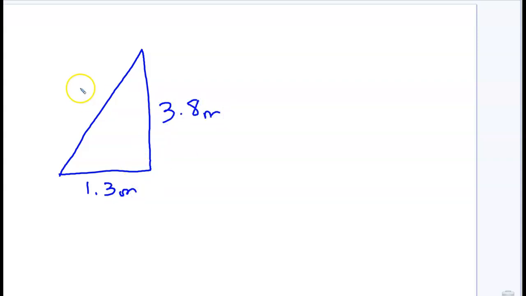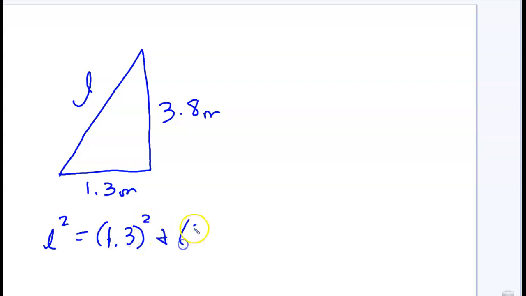So therefore, we're looking for the length of the ladder. We'll call that L. So therefore, L squared would be 1.3 squared plus 3.8 squared. And again, using your calculator, that works out to be 16.13.